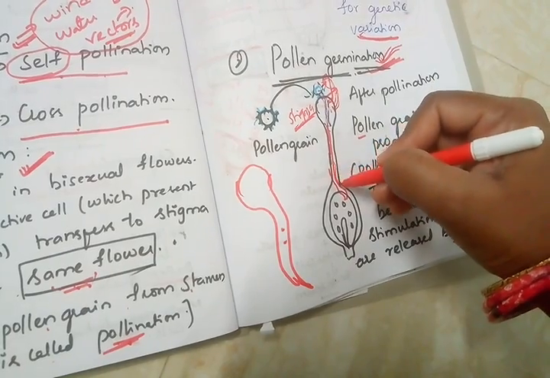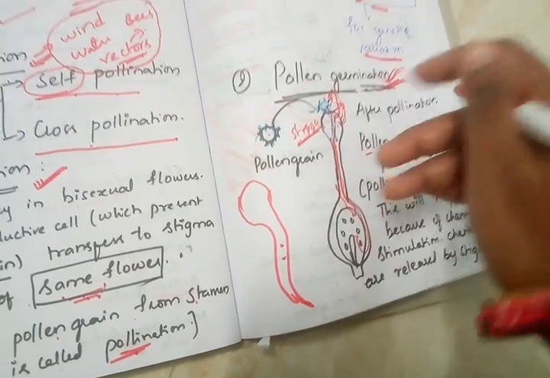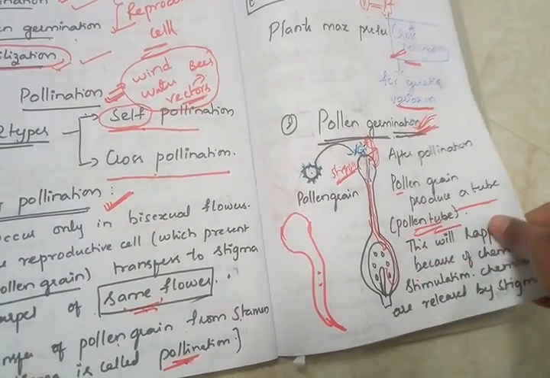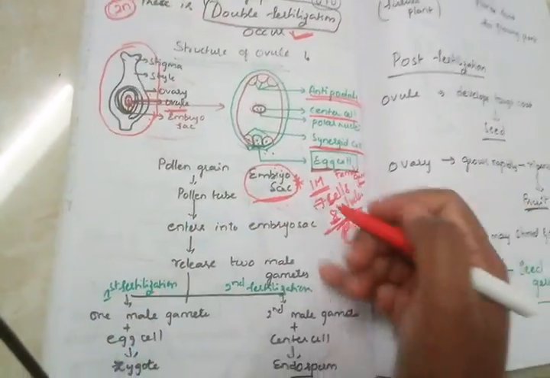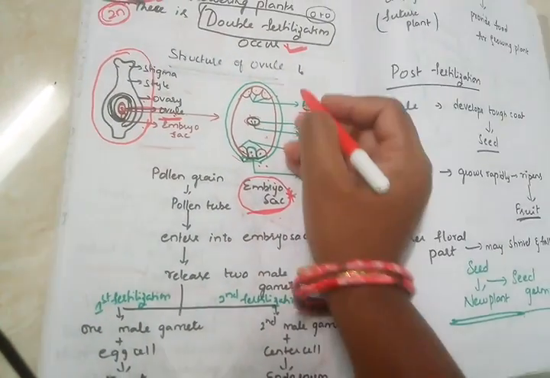And this pollen tube reaches the ovule and finally enters into the embryo sac. After entering the embryo sac, the pollen tube ruptures and releases the male gametes into the embryo sac. Here it happens.